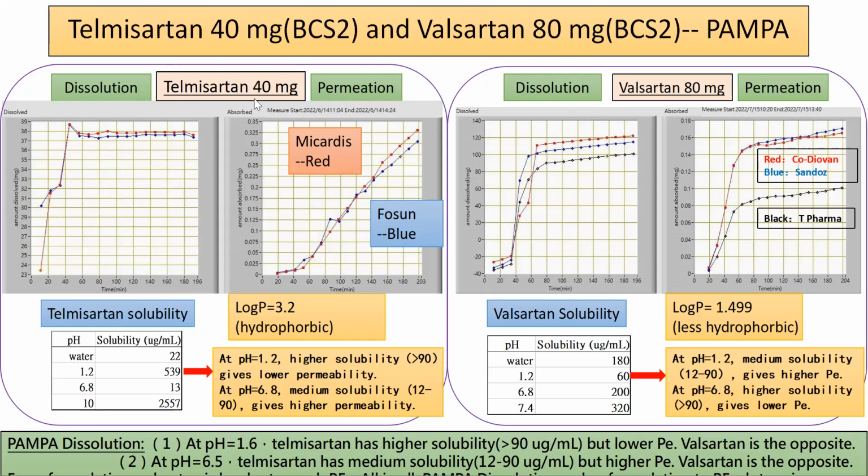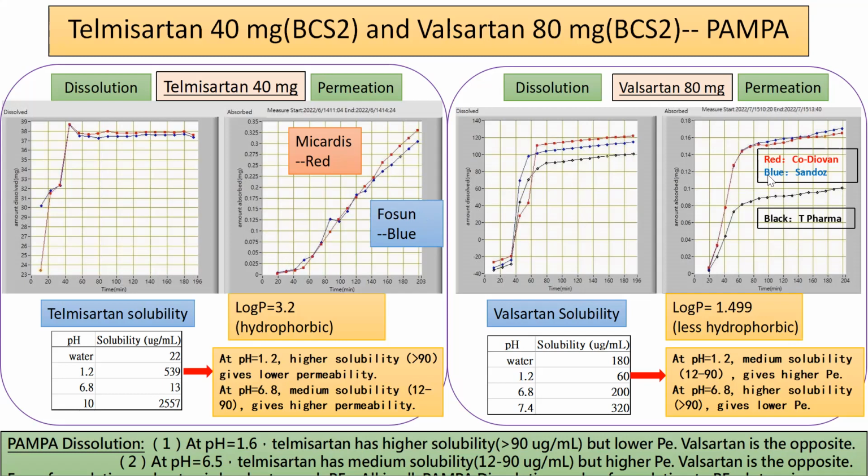And here we have 2 cases. One is telmisartan 40 milligram. The other case is 80 milligram for the bosentan. And you can see the red line represents the brand, the blue line represents the generic. And they are fairly close in permeation.